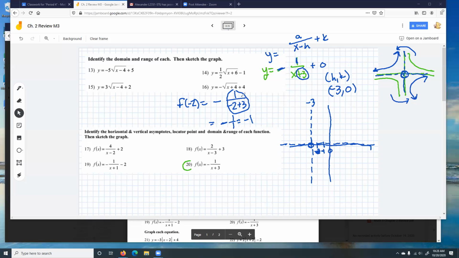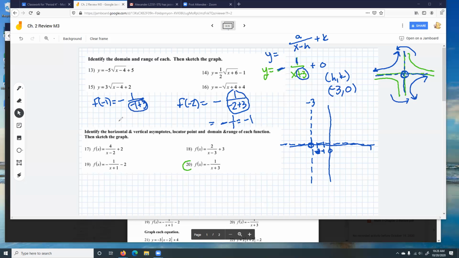And then when I plug in, let's plug in -1 into the function to find another point. So this is the work I'm talking about. When you do a sketch, you should have some work in it. So when I plug in -1 into here, I get -1 over -1 plus 3, like that. I evaluate the denominator first.